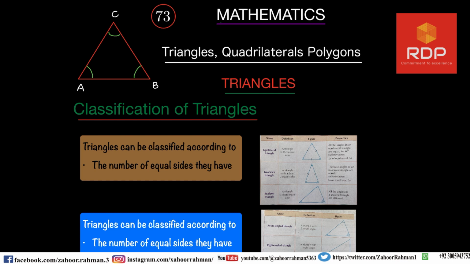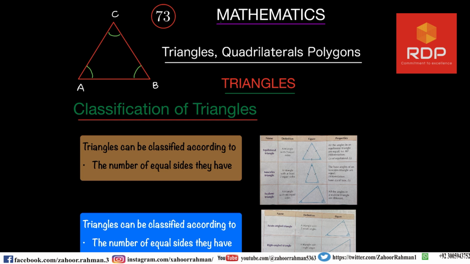As its name indicates, these types of shapes have three angles. That is why it is called tri, meaning three, angles meaning angles. They have three angles as well as three sides.